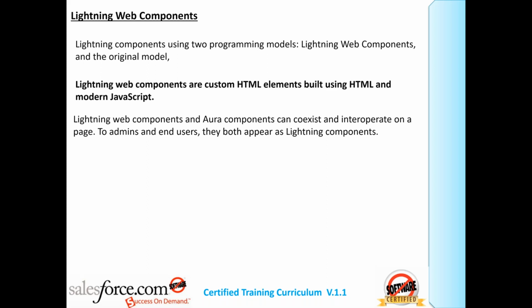Whether you create a component using Aura or using LWC, they will appear as a Lightning component. They will look as if you created using Aura, but no, they are LWC. Lightning component has two, LWC and Aura.